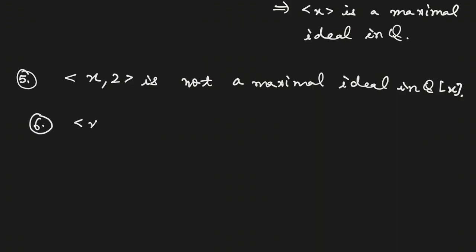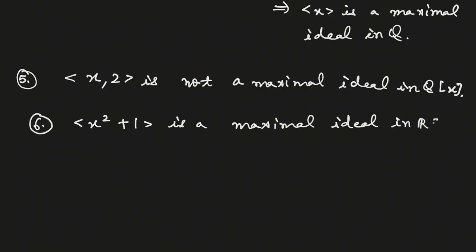Sixth, x square plus 1 is a maximal ideal in R[x]. How? Try this once, how this ideal x square plus 1 is maximal in R[x].